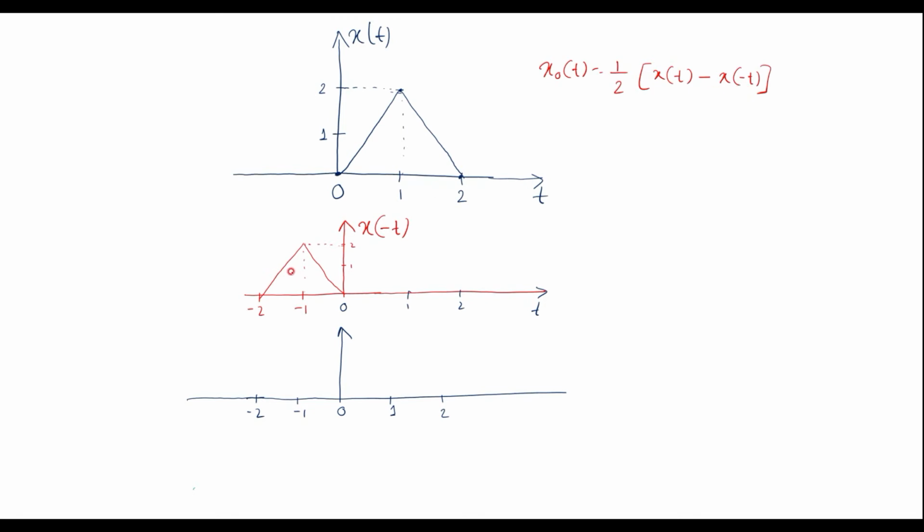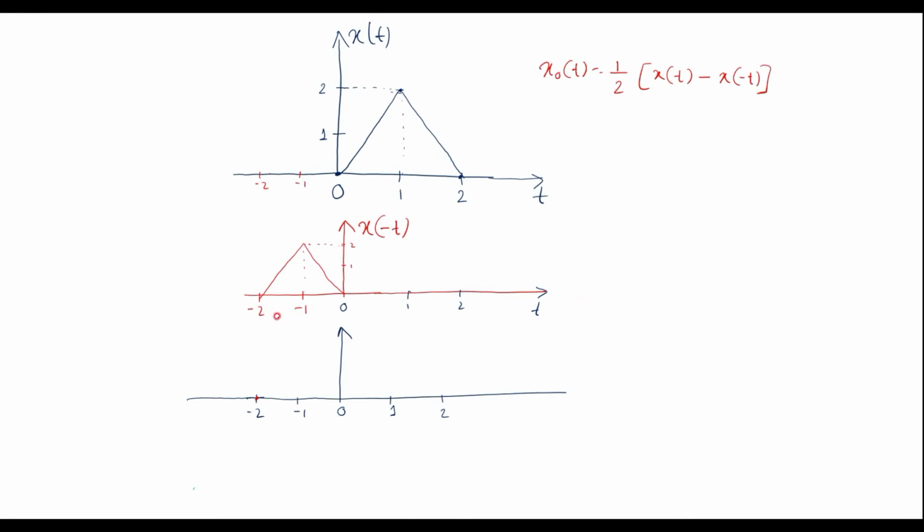Here we can observe that at t equal to minus 2 its value is 0. Here at t equal to minus 2 value is 0. So 0 minus 0, it will be 0 here only. Now at t equal to minus 1, x of t value is 0. At t equal to minus 1 its value is plus 2.